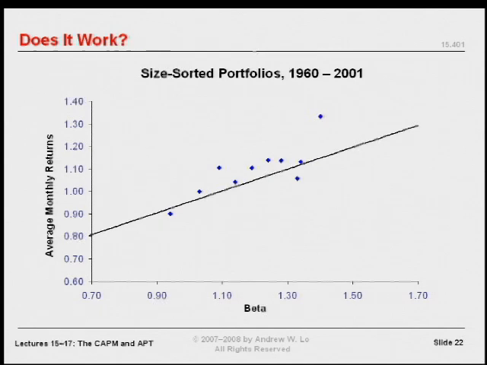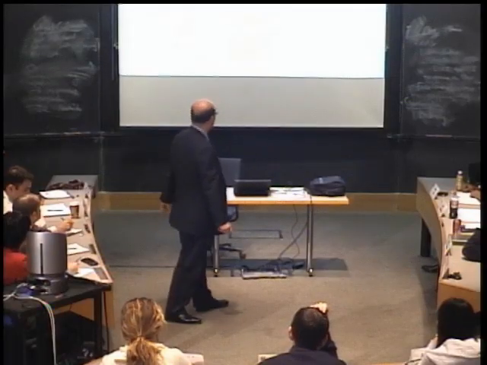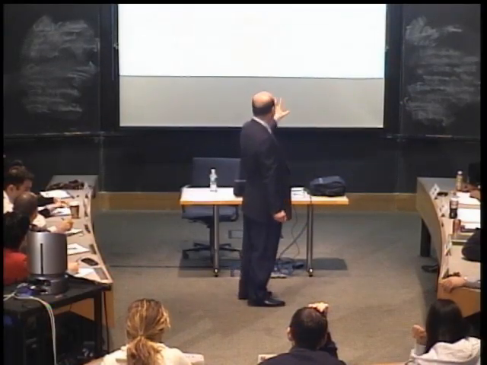So in this case, we expect a linear relationship, and with the exception of this little outlier up here, from 1960 to 2001, there's actually a pretty reasonable relationship between beta and expected return. In other words, the CAPM looks like it's actually doing okay for size-sorted portfolios. The higher the beta, the higher the expected return. The lower the beta, the lower the expected return for size-sorted portfolios.